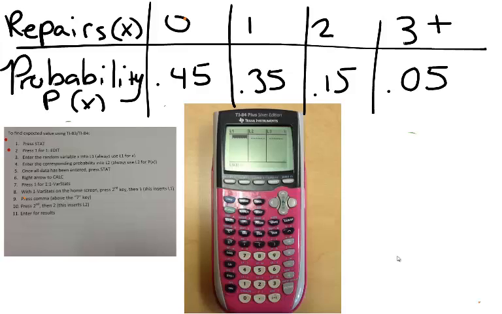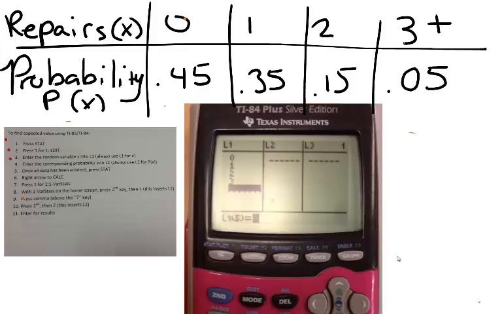When you press Edit, this is the screen that should appear. Next, you'll enter the random variable x into L1. Always use L1 for x. To enter values, simply type in the number, press Enter after each one. This is what your screen should look like now.